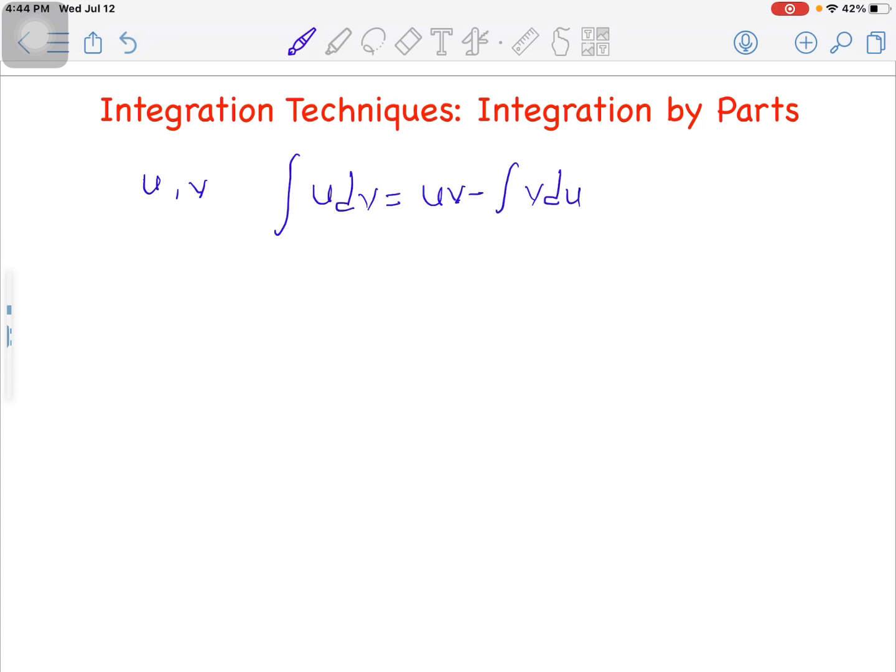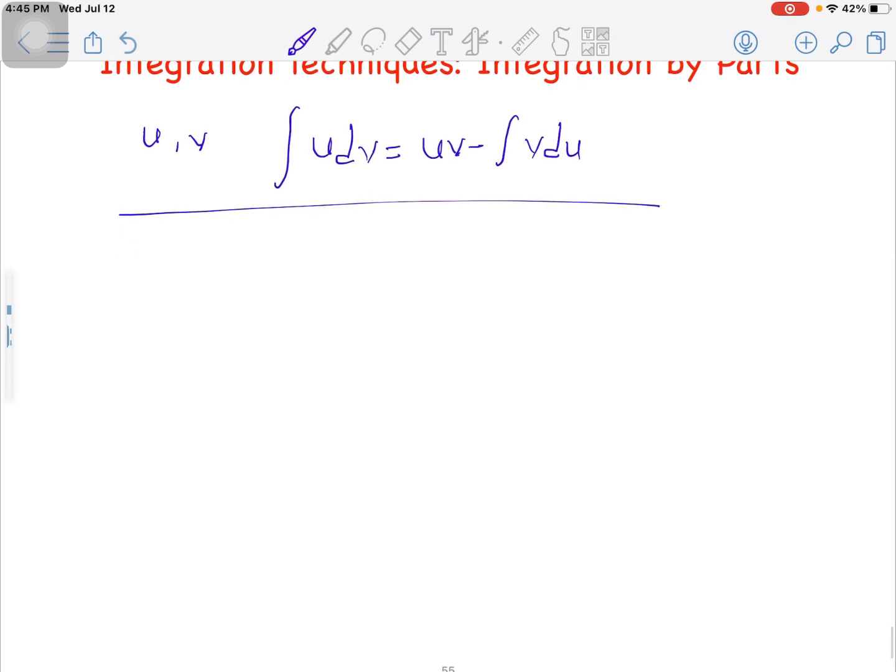When you understand the chain rule properly, it will be easier for you to understand substitution. And if you also understand the product rule for differentiation very well, you'll be able to understand integration by parts. So let's proceed.